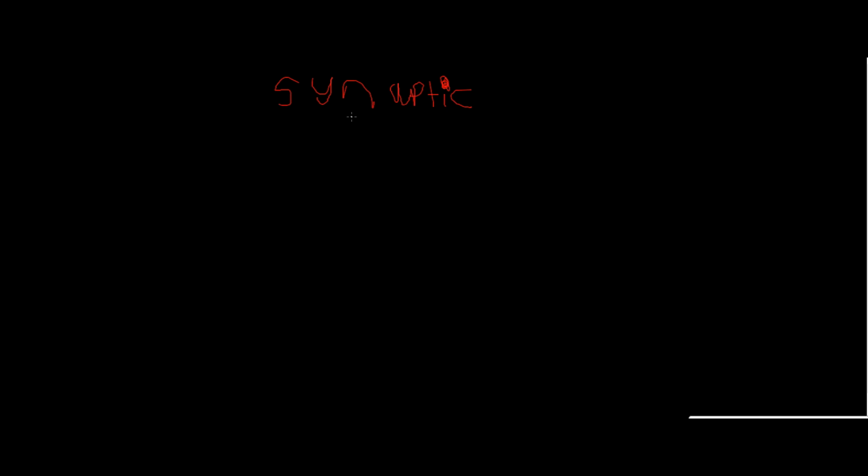So for synaptic cell signaling, this is basically how a neuron and a cell communicate. So let's say this is your neuron cell. Let me label that: neuron.